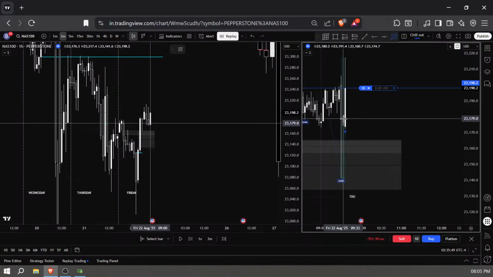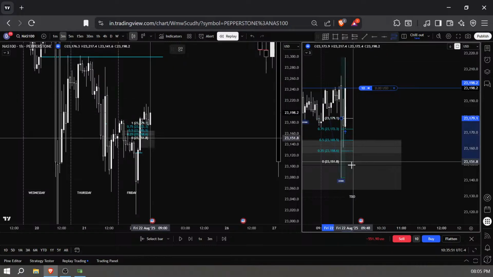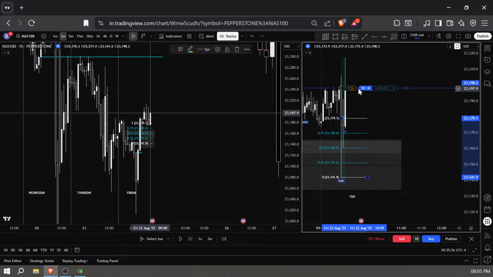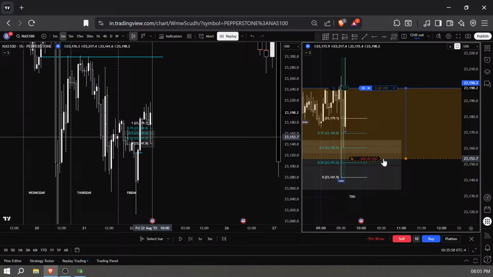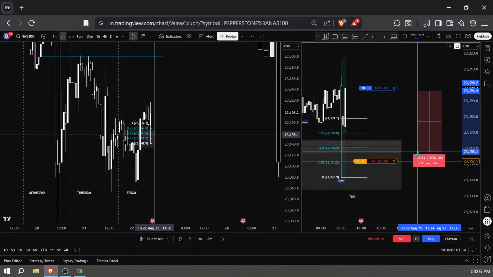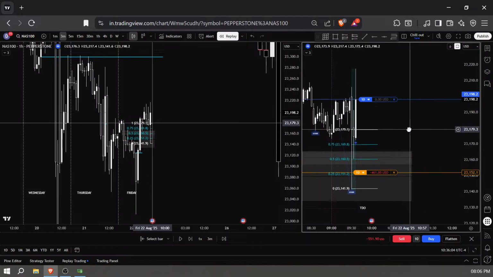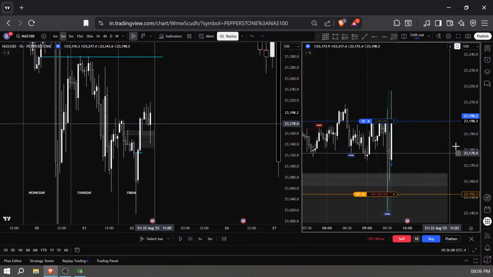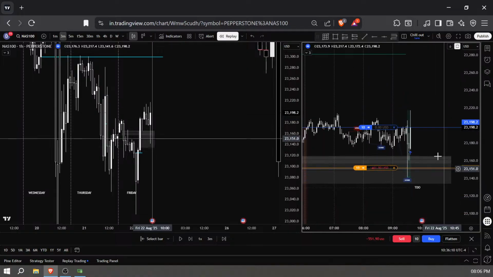And my SL will be this low. That's like what? Yeah, I can work with a 40 point SL. So the target will be minimum 800.